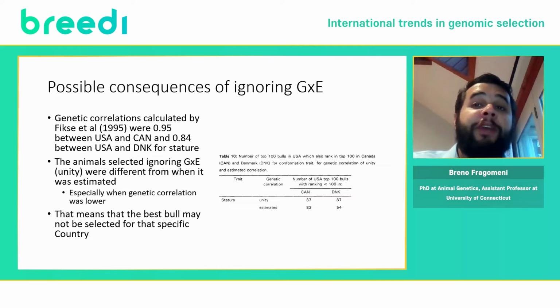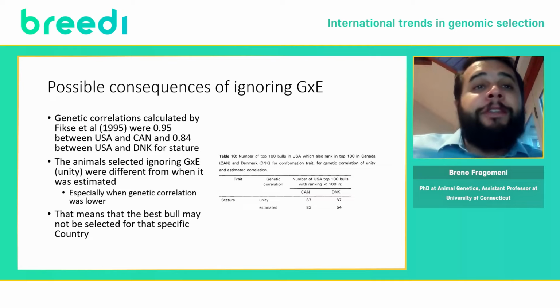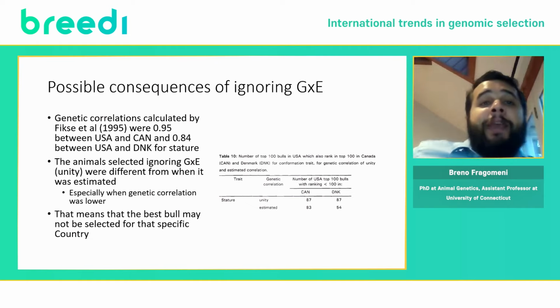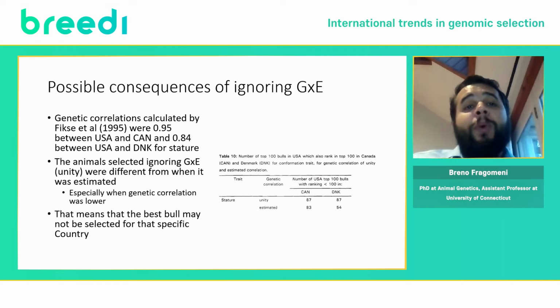What are the problems of ignoring that genetic correlation? There is this classic study in 1995 that calculated genetic correlations between the US, Canada, and Denmark. The correlation between US and Canada was 0.95, which is very high. And the correlation between USA and Denmark was 0.84, which is still high.